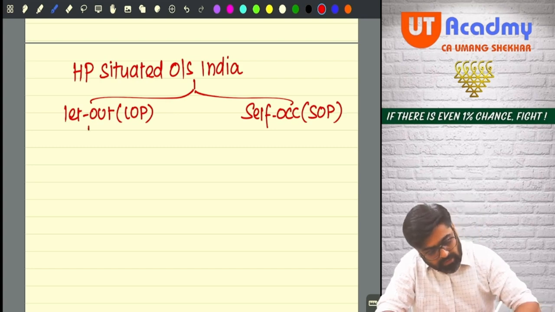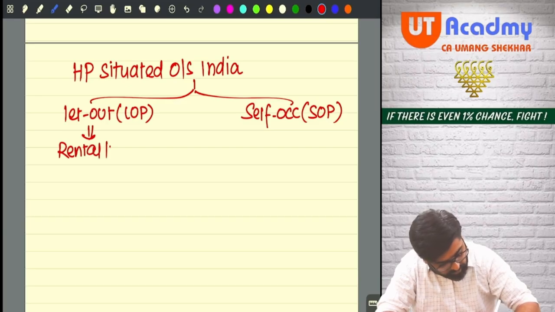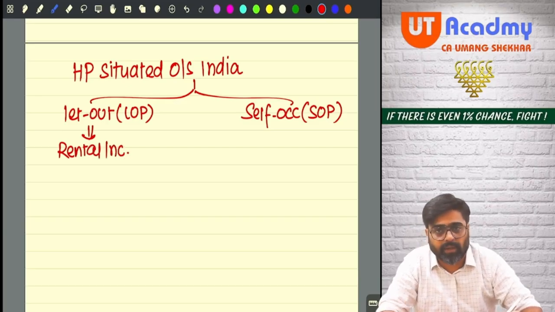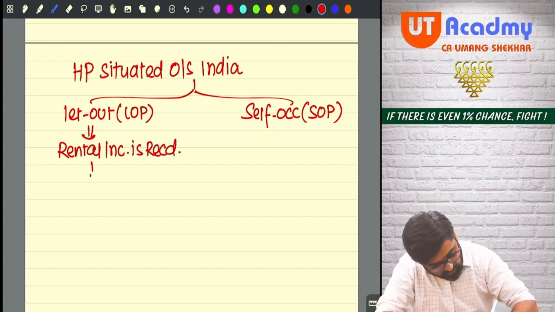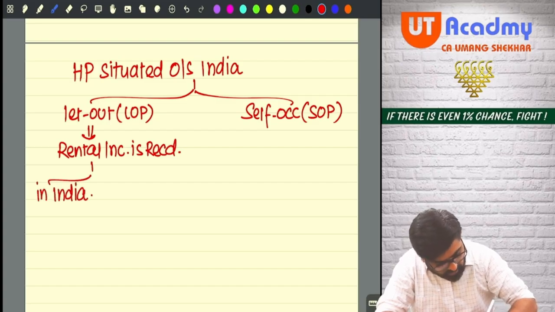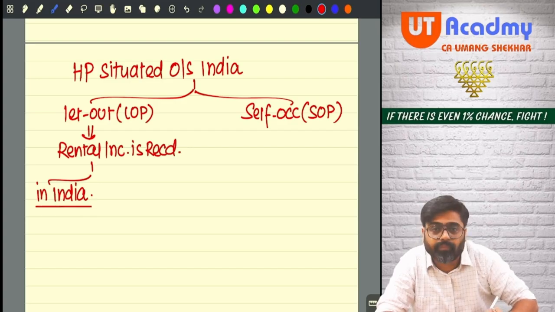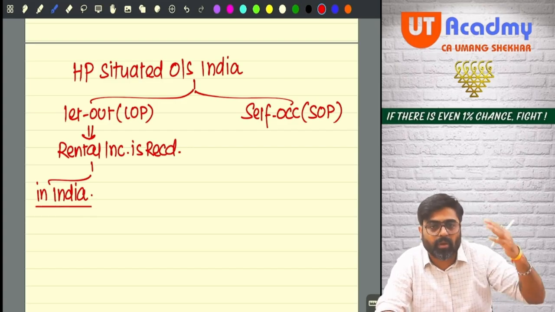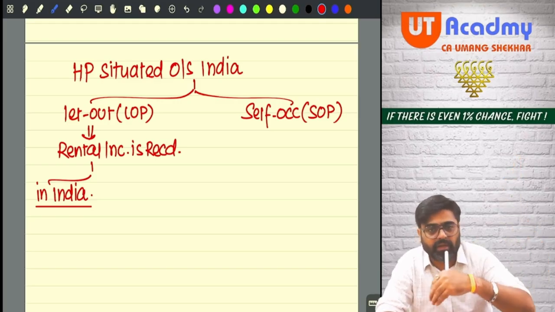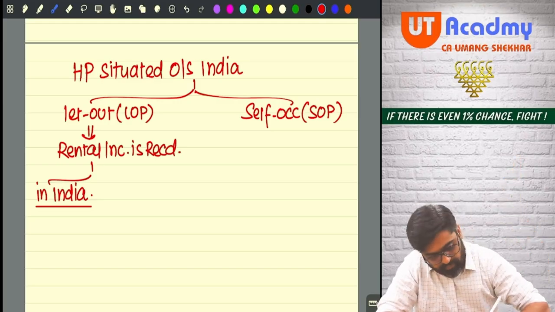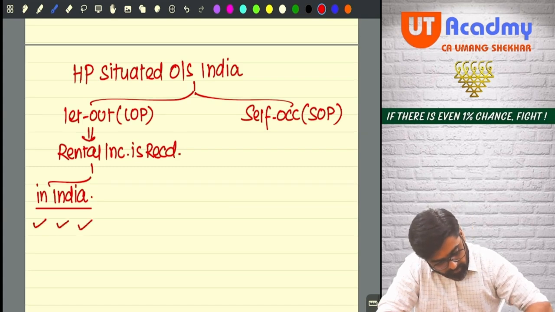Now, if this property is let out and the rental income, meaning the actual rent of this property, is received in India, will it become Indian income? Even though the property is situated outside India, rental income accruing outside India, but received in India, it will become Indian income.